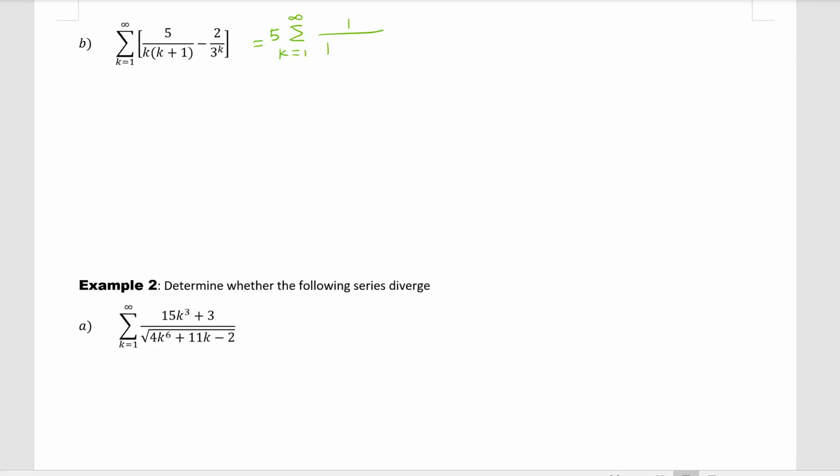We have 1 over k times (k plus 1) in the denominator, and then 2/3 to the k. If you remember, last time we calculated this. This is a telescoping series, and 1 over k(k+1) is actually 1 over k minus 1 over (k+1).